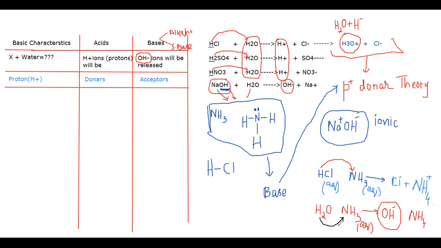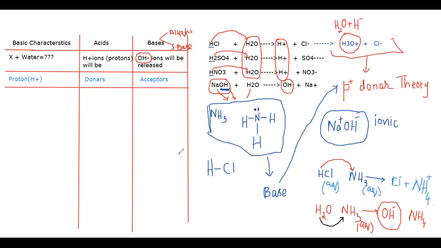You may experience two different kinds of questions in your examination. Number one: how is ammonia a base, defined with the help of a chemical reaction? How will you give the answer? You will answer that ammonia is a base on the basis of proton donor theory. It accepts the proton when it reacts with an acidic substance, and it will generate the ammonium ion.